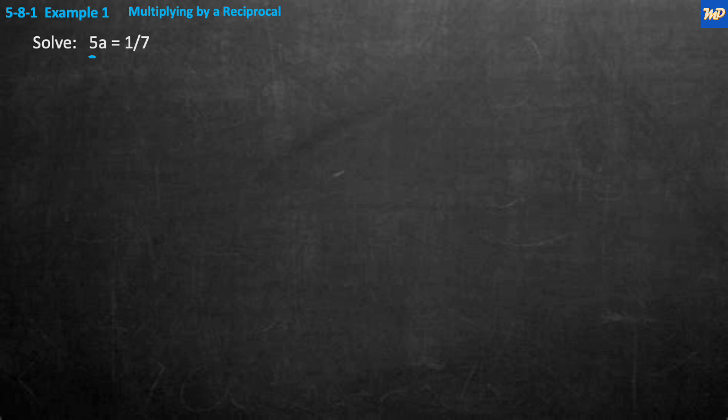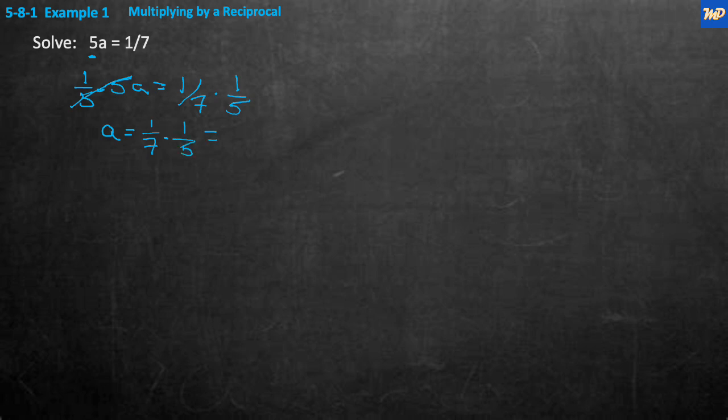So we're going to say 1/5 times 5a is equal to 1/7 times 1/5. And when we do this, the 5's cancel on this side with the a. This 1 just remains a 1. So this ends up being 1a, or just plain a, equals 1/7 times 1/5.